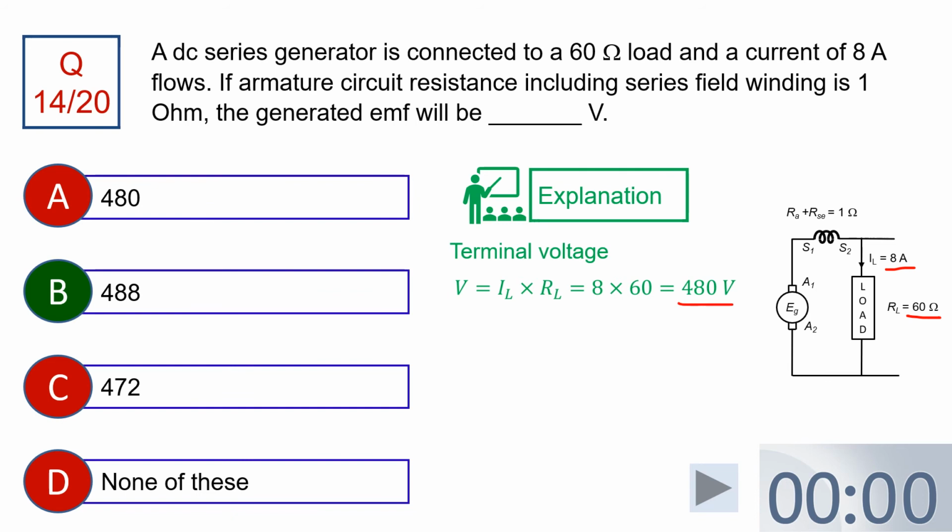Now if we add the voltage drop in armature and series field winding into this 480 volt, we will get Eg, and therefore Eg is equal to V plus Ia into Ra plus Rse. Ra plus Rse is equal to 1, Ia is 8 ampere and V is 480 volt, and therefore Eg is equal to 488 volt, and therefore option B is the correct answer.